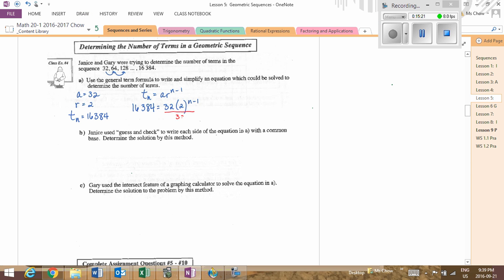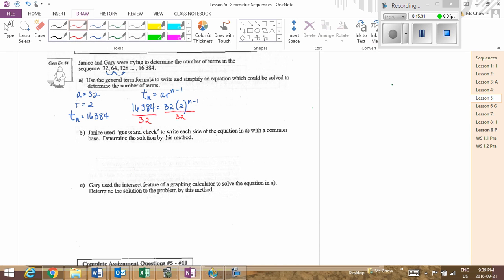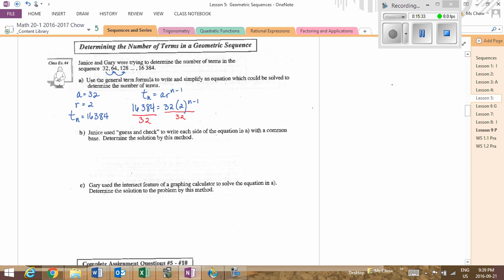So divide this by 32. So I'm going to divide that also by 32, in which case we end up with, I believe, 512 is equal to 2 to the n minus 1. So that is a simplified equation that we now need to solve.